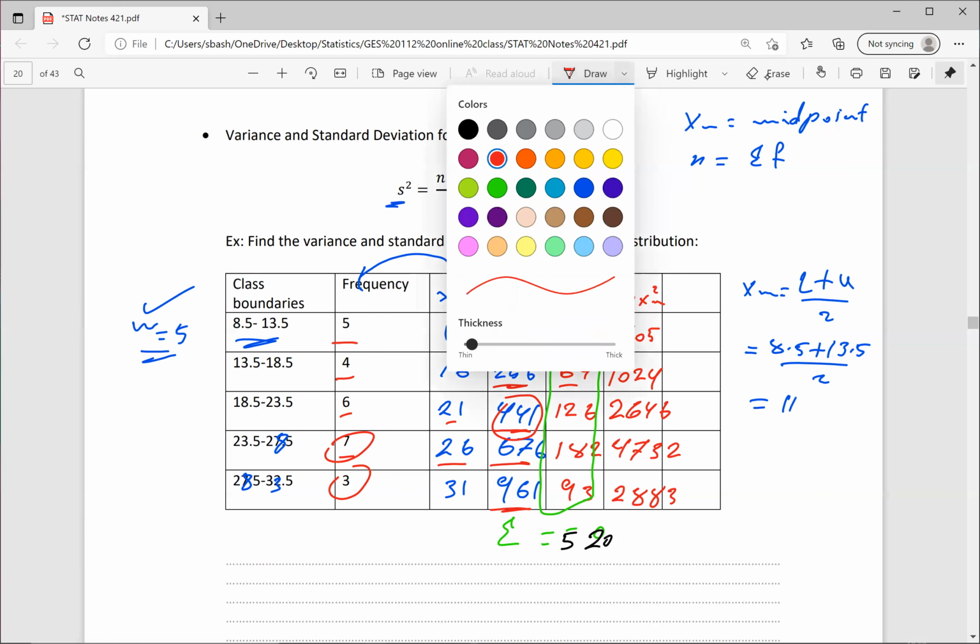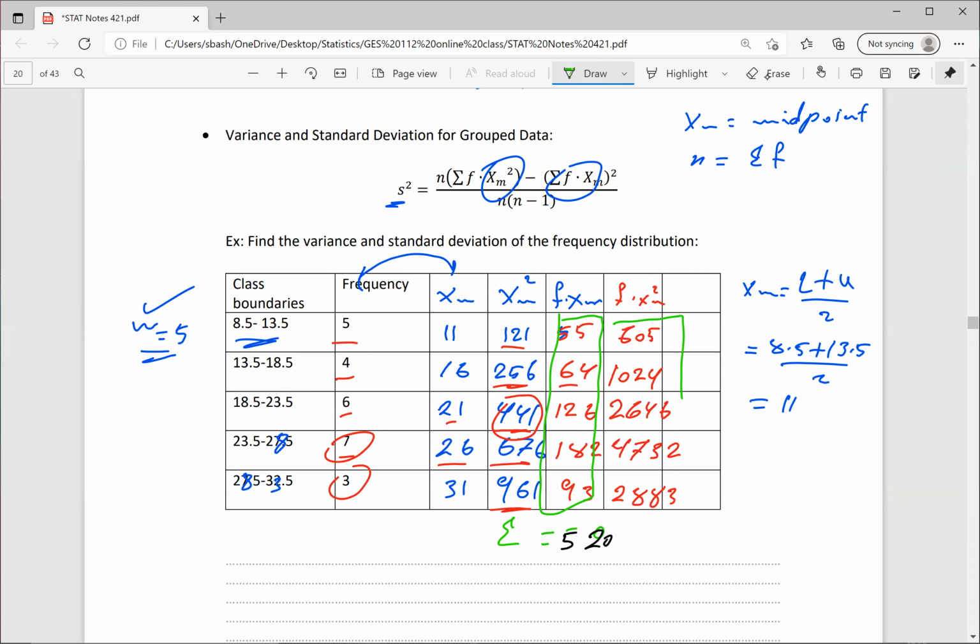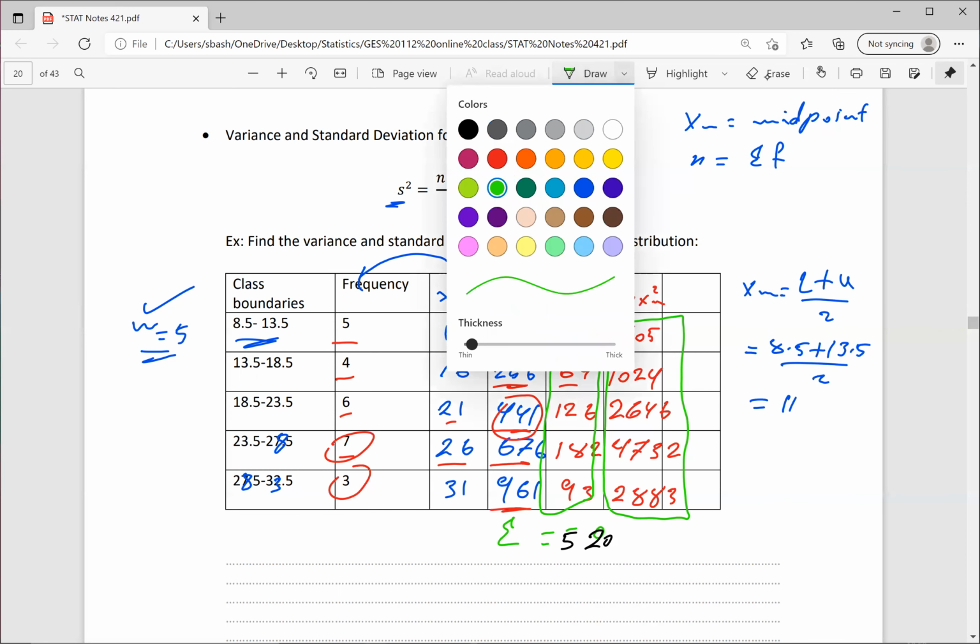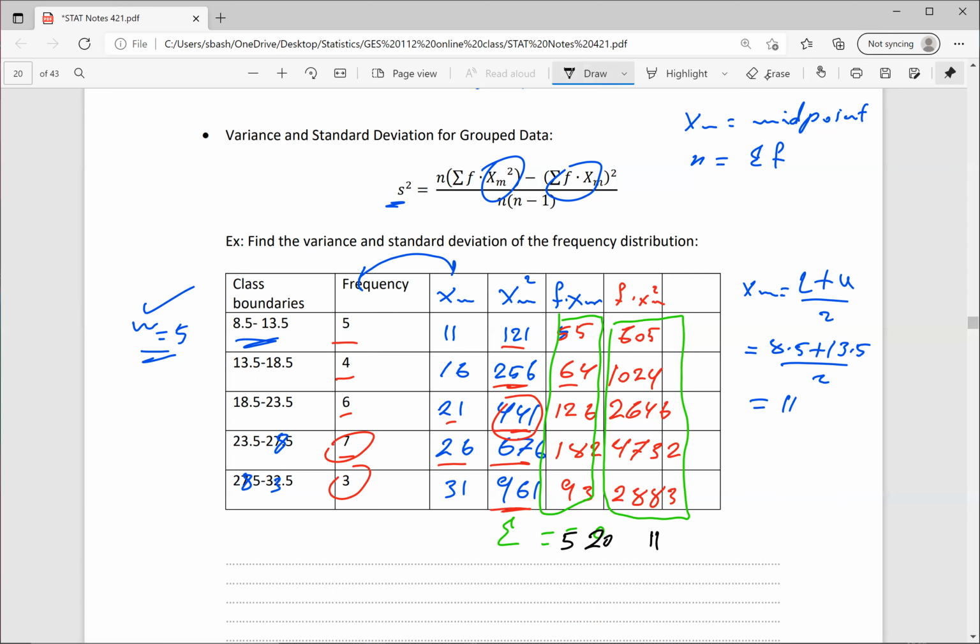Now again, I need to sum this column. That will be 2883 plus 4732 plus 2646, I'm going from down to up, plus 1024 plus 605. This will give me 11,890.